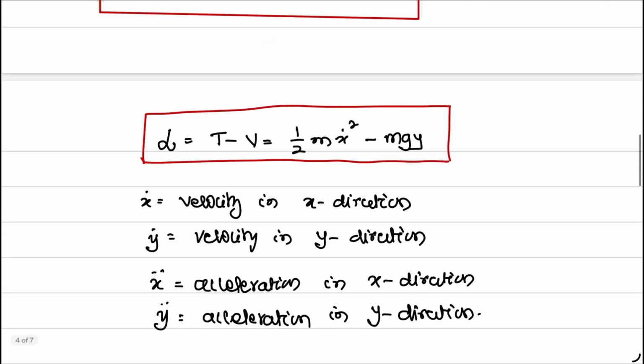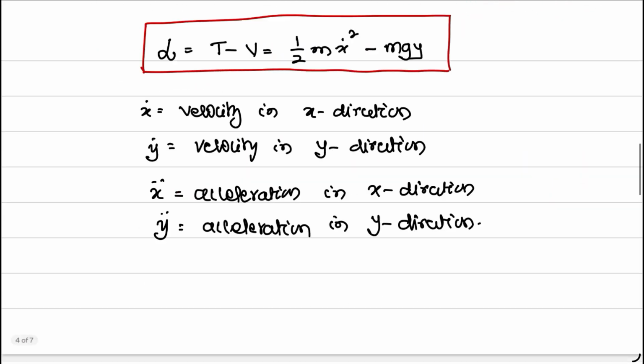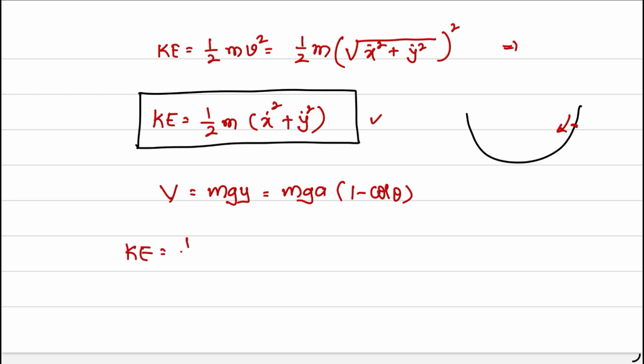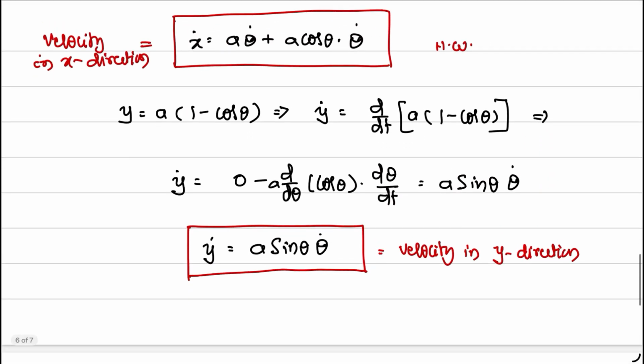Y is, you just see what we have defined, a into 1 minus cos theta. Then what is the kinetic energy? Half m into x dot square. X dot square is a theta dot plus a cos theta theta dot whole square.